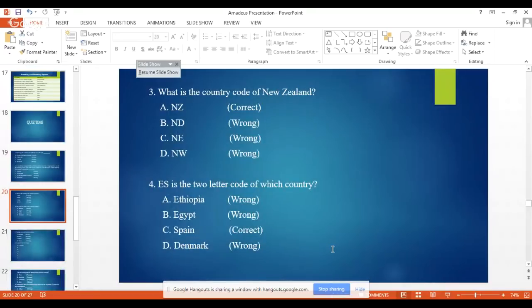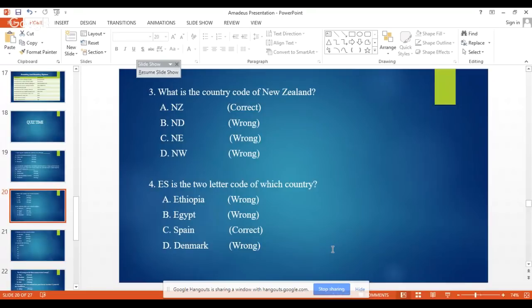Let's go to question 3. What is the country code of New Zealand? We've done that in our class today. We talked about Auckland, and I told you it's in New Zealand. The city code for Auckland is AKL, and we also talked about the country code. Now let's look at the options. A is NZ, November Zulu.